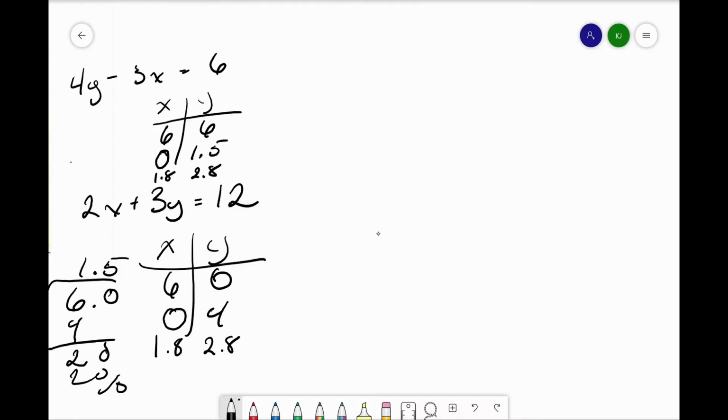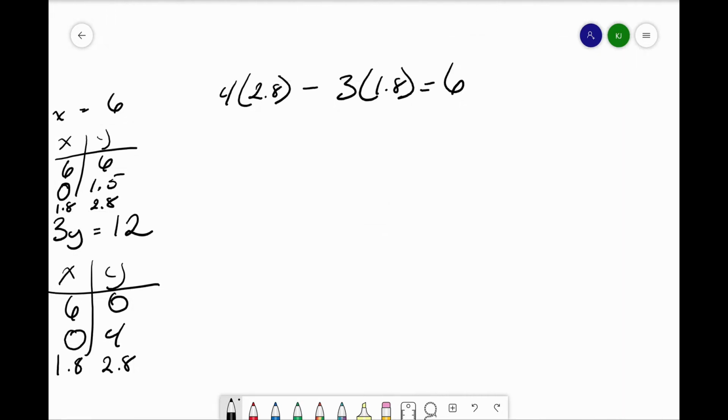But like I said, when you're first trying, if you start at your whole number and work your way down the point system, it's going to be to the nearest tenth, so it'll be easier to do it that way. And then remember, you've got to test it. So if we say 4 times 2.8 minus 3 times 1.8 equals 6, then you're going to multiply both of those numbers together.